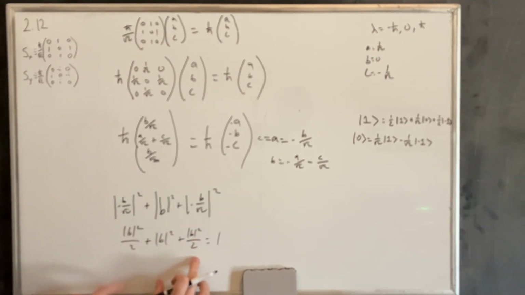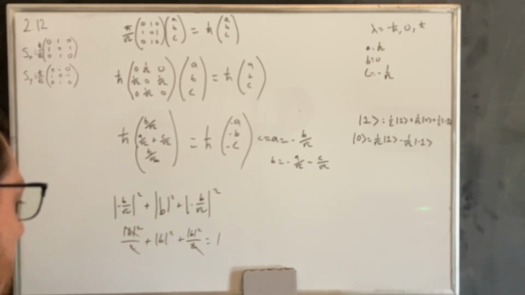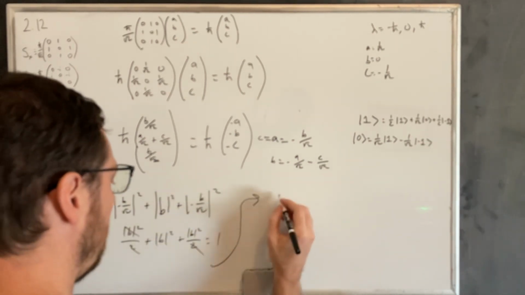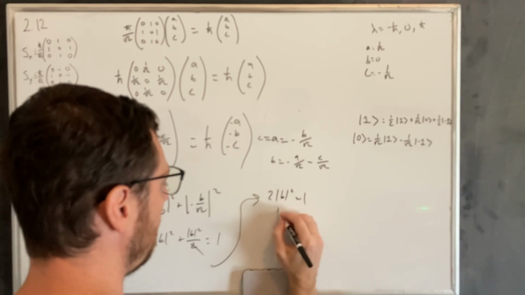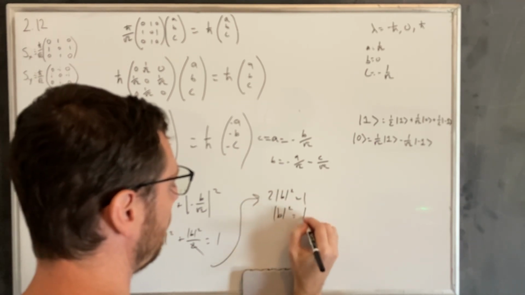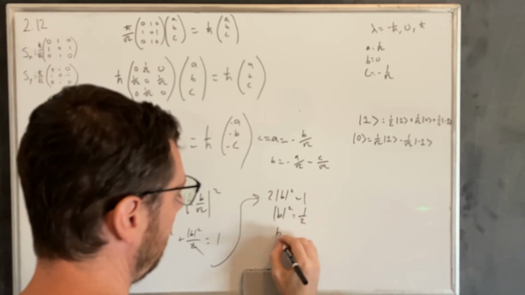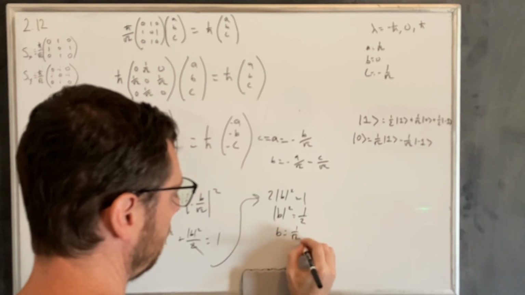Again, these will end up combining to be 2b squared over 2. The 2's cancel out. So we'll keep one of those terms, and it'll end up being 2b squared equals 1. B squared equals 1 over 2. And b equals 1 over root 2.